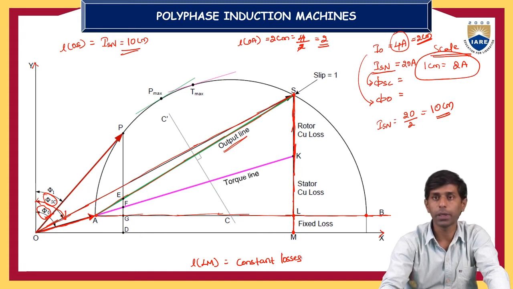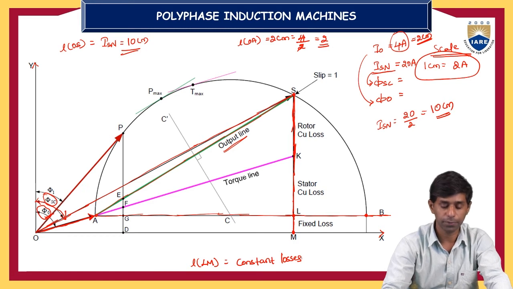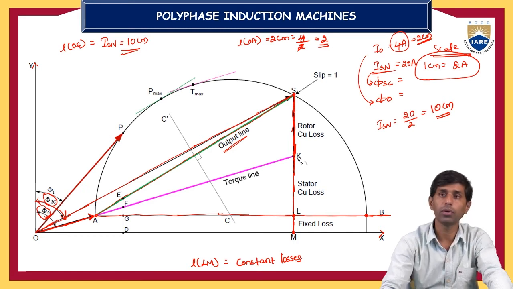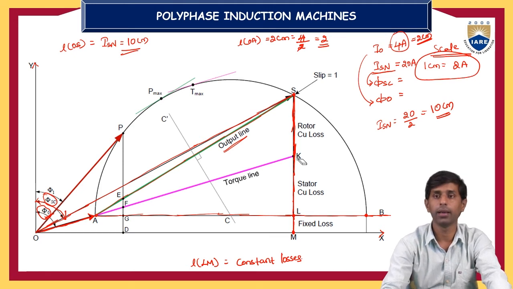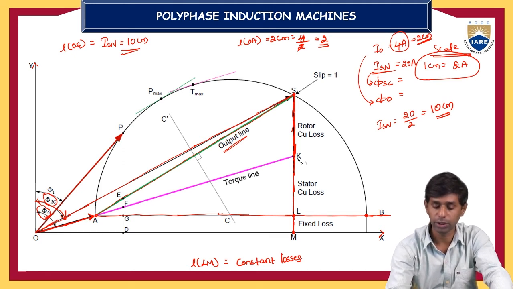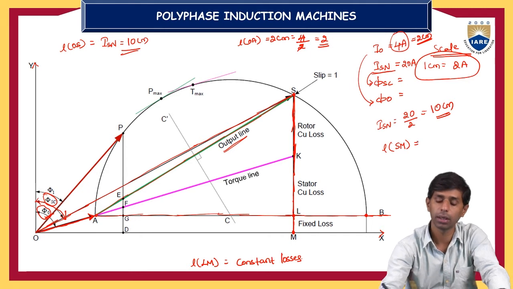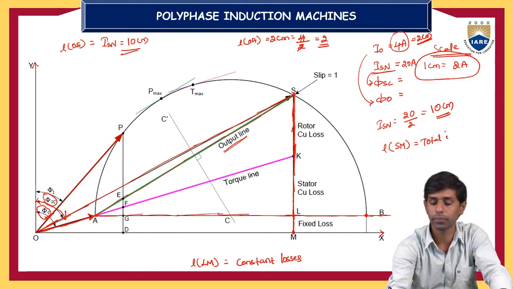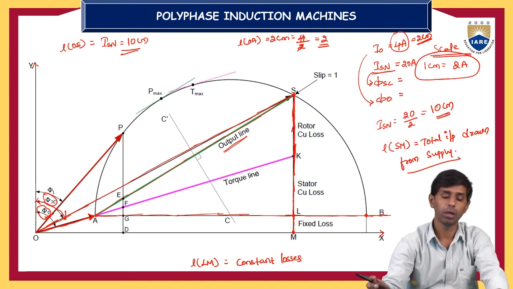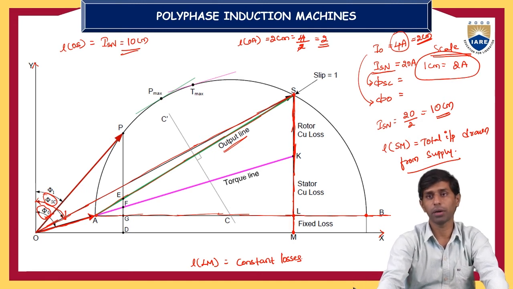After dropping a line from point S to the x-axis, which meets your x-axis at point M and your parallel x-axis line at point L, the length of SM represents the total input power drawn from the supply under short circuit normal condition.